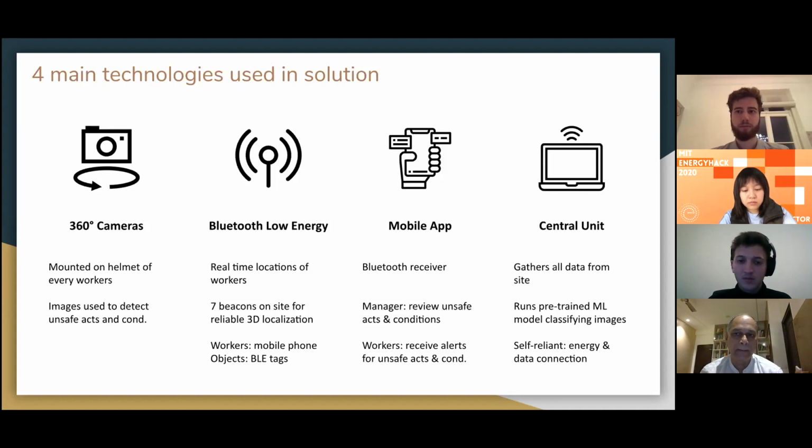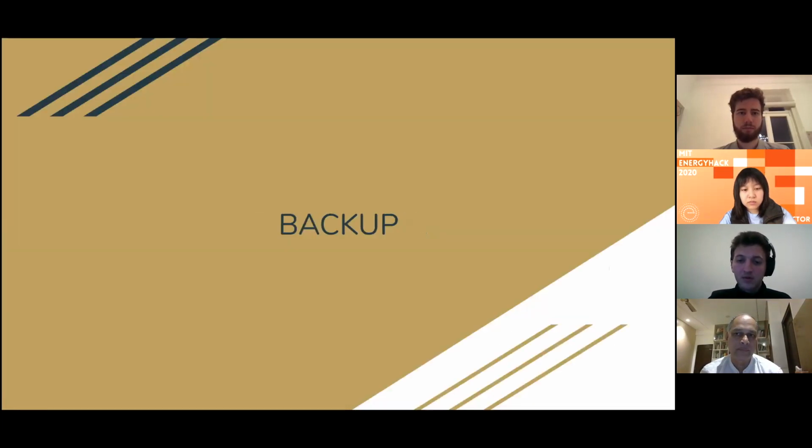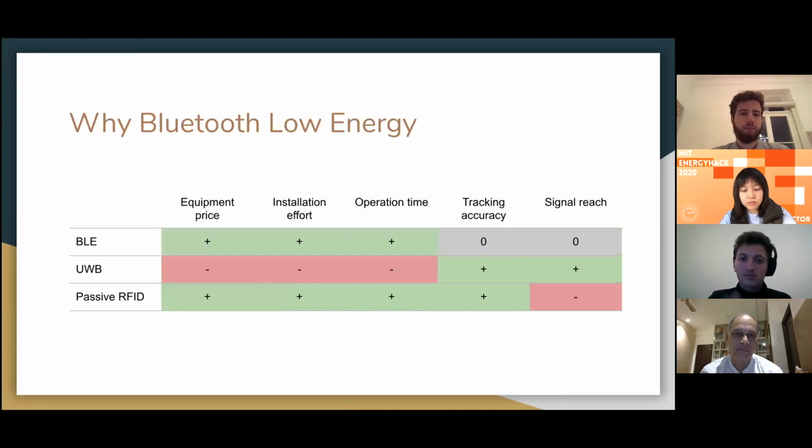Well, why we went for Bluetooth and not for other technologies, for example UWB, which is a big thing. In any case, we also want to be able to, for example, tag vehicles on site, or heavy moving objects, to also avoid workers being hit by such things.